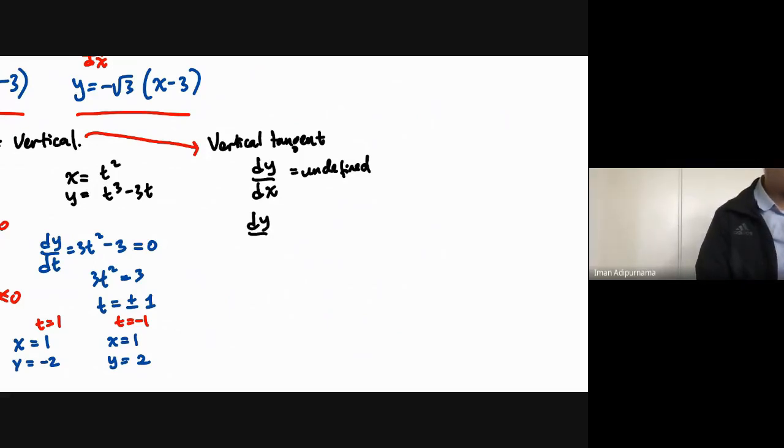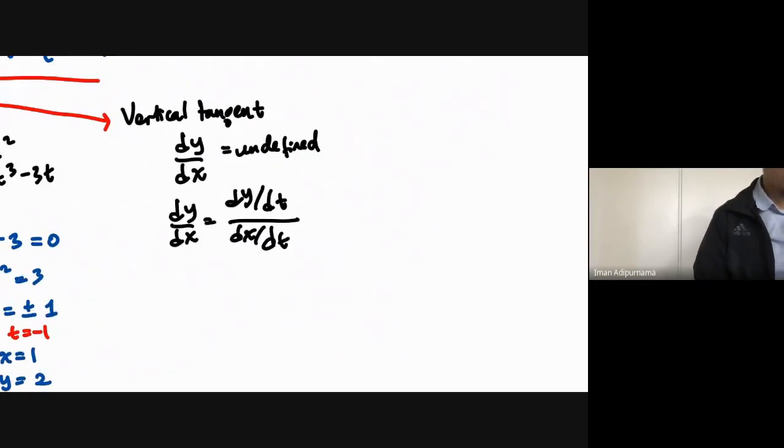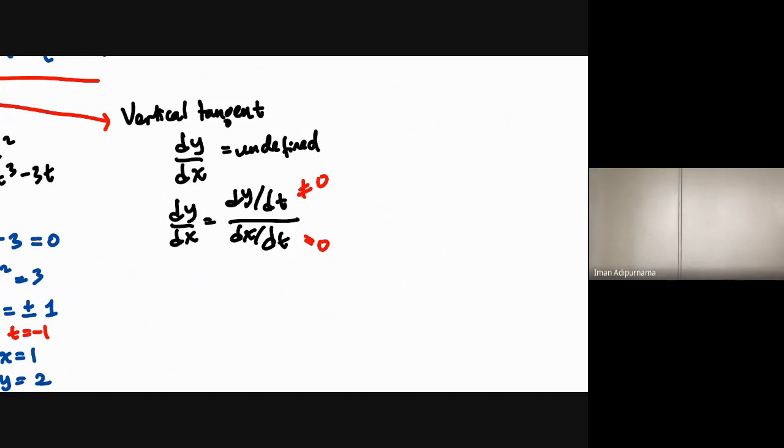Meaning, if I write this into parametric, what undefined means is this is 0, this is not 0. Okay? Got it?